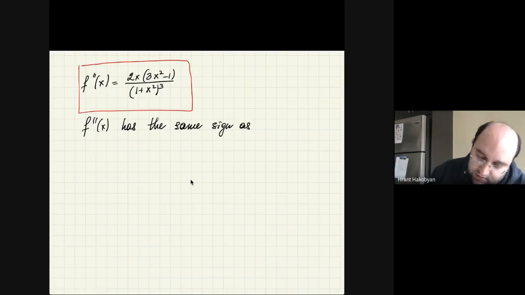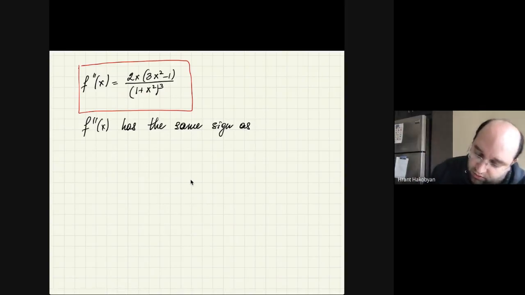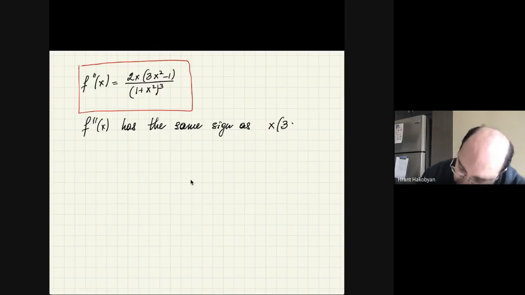as, well, 2 is also a positive constant, so the whole thing only depends on the sign of just this part here, as x times 3x squared minus 1.